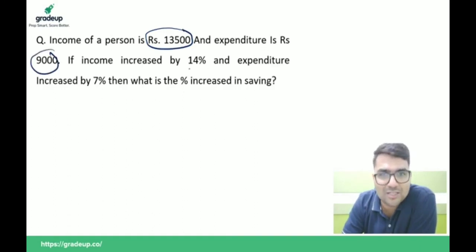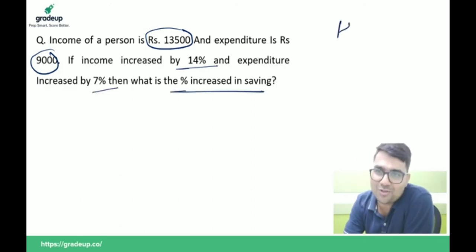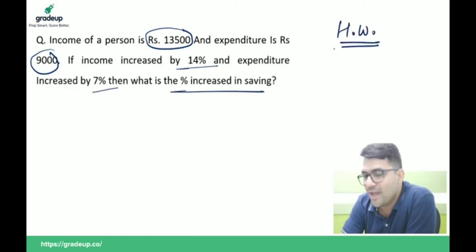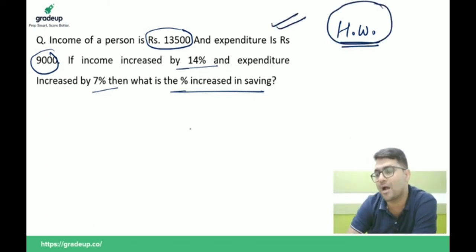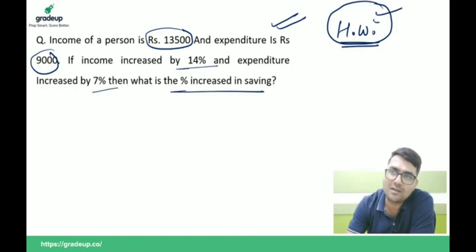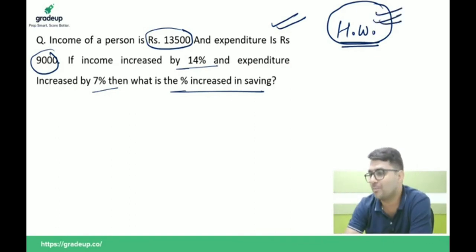If income increased by 14% and expenditure increased by 7%, then what is the percentage increase in the saving? This question is your homework, and I will start the next class tomorrow from this question, that is percentage part 2.